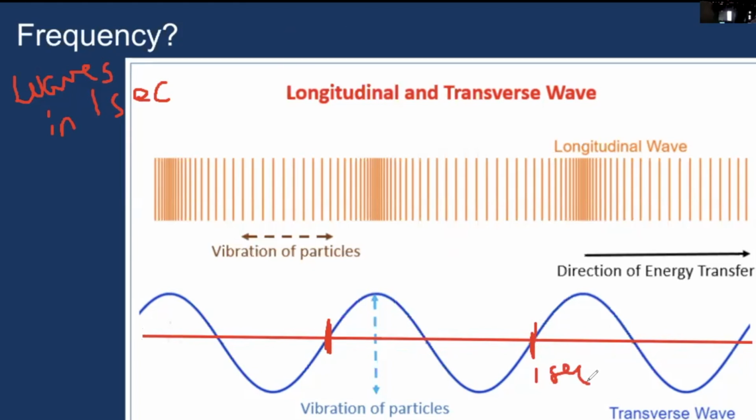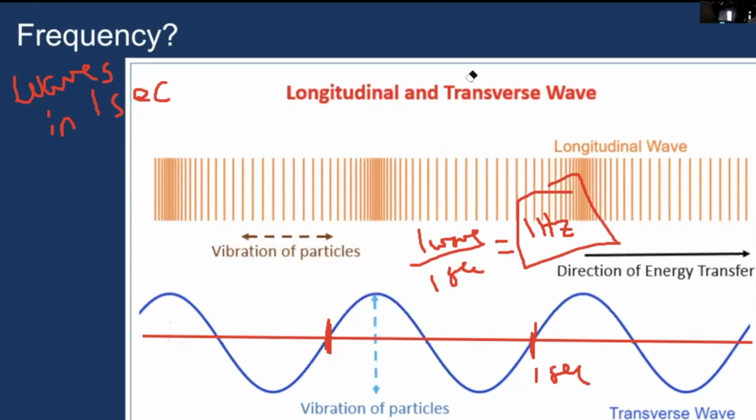It's like we're sitting there with the jump rope and I watch you make the wave and I time it. At 1 second, this is how much of a wave I have. Well, I have one wave in 1 second, and that's literally the definition of a hertz. So that's 1 hertz. I hope your brain doesn't hurt too much. Pun intended. 1 hertz, 1 wave in 1 second.